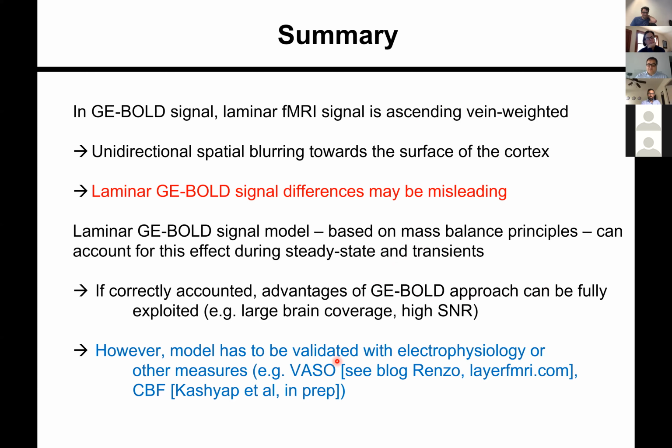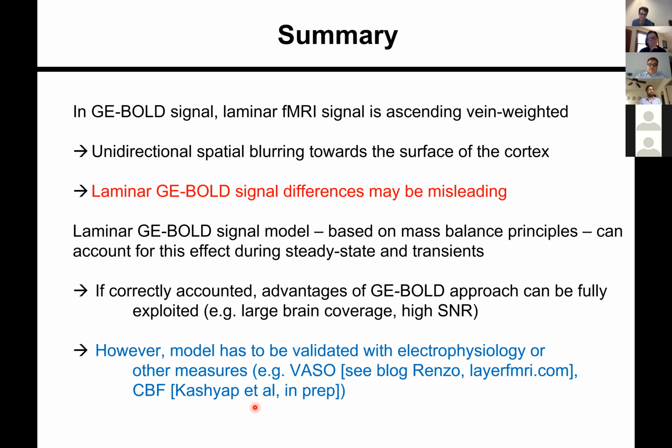The validation of the model can be done with animal or human electrophysiology, which we are actually pursuing, or with other measures where we think they might be less affected by this kind of artifact, like VASO. And actually Renzo has tested some of the analysis choices for gradient echo BOLD in his blog on layerfMRI.com.